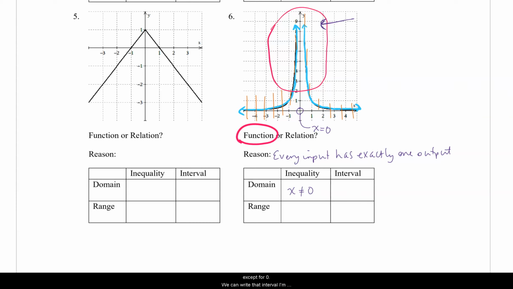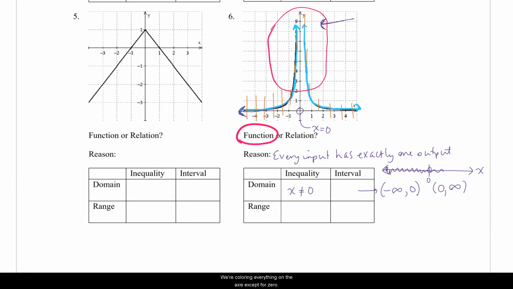We can write that as an interval. I'm going to need a little more space. This is a bigger interval. We'll have negative infinity. We go up until we hit 0, but we don't ever reach 0. We're going to pick 0 back up. We hop over the y-axis, hop over x equals 0, and go back to infinity. So we have a number line for x that basically looks like this.